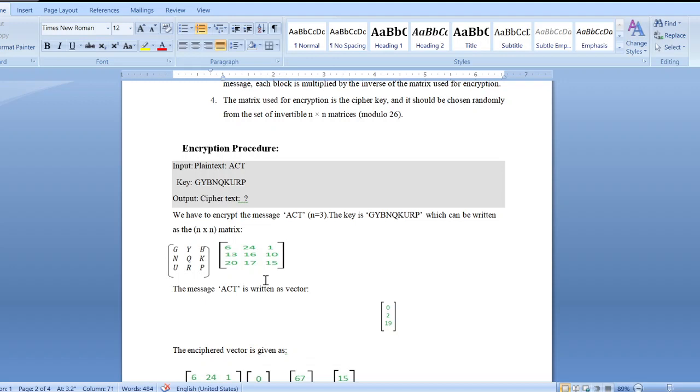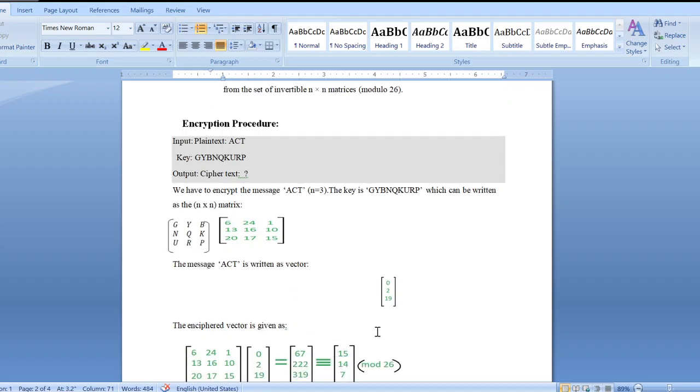According to this matrix size we divide the plain text. Here the plain text is 3 characters only, and since the key is a 3 by 3 matrix, we write ACT as a 1 by 3 or 3 by 1 vector.